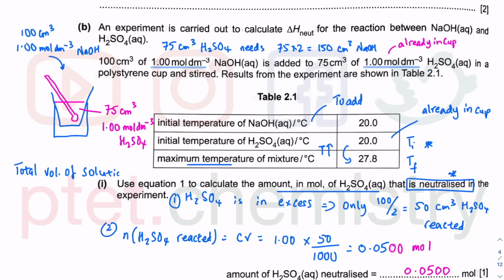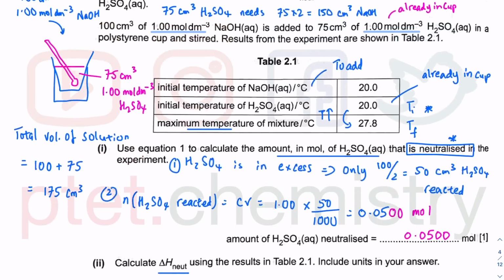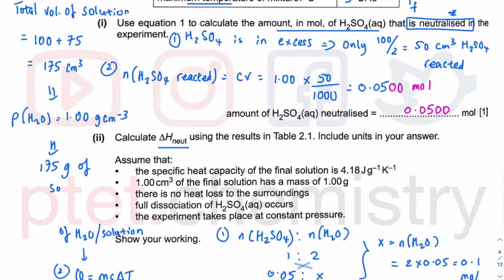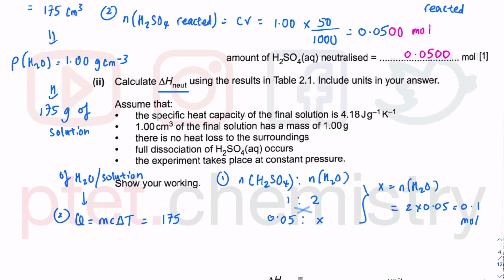Even though the sulfuric acid is in excess, there is this much water inside, so however much energy gets released would have gone to all the water. Even though the sulfuric acid is in excess, it still contains water that is going to be heated up in the solution. We also know the density of water is 1 gram per cm cube. So there is going to be 175 gram of water of solution. So there is your m, which is 175 gram.